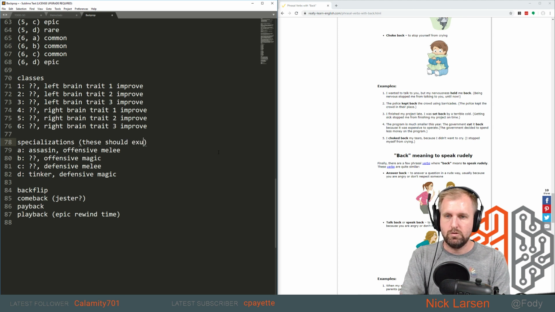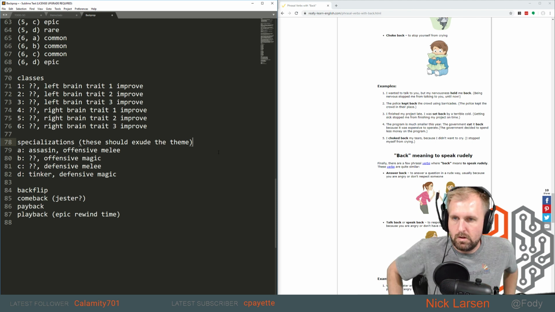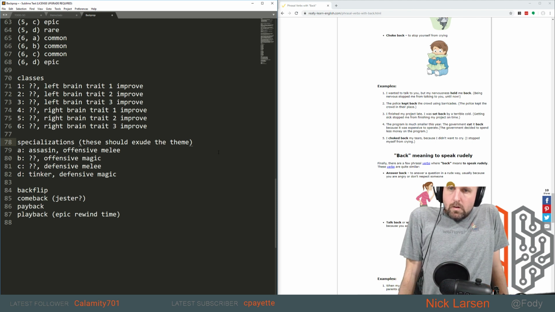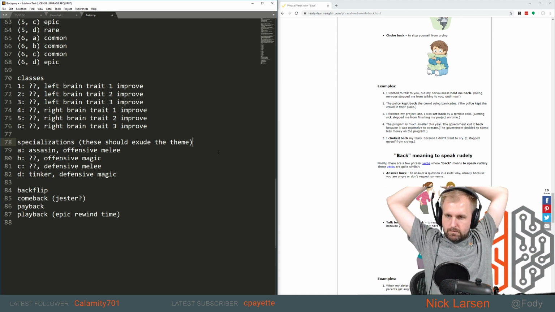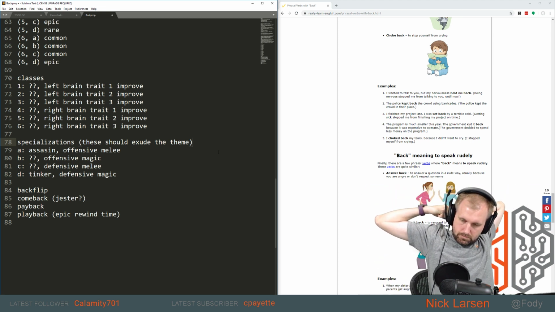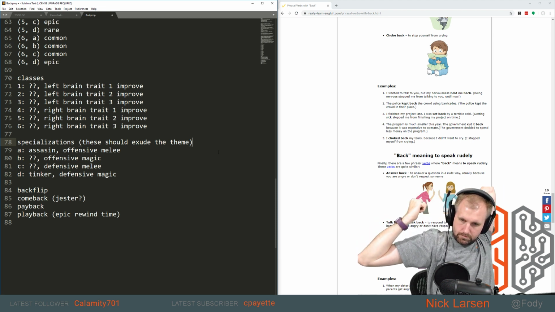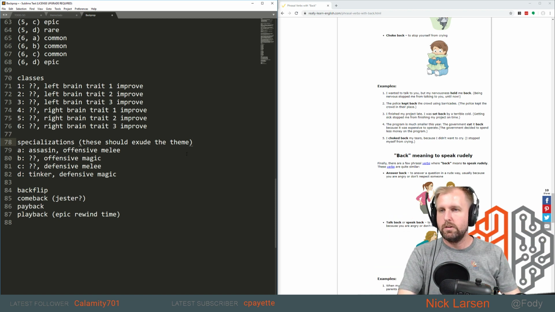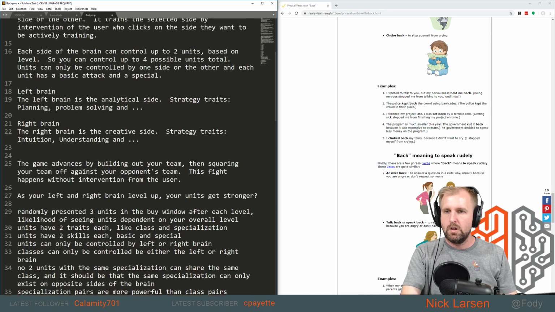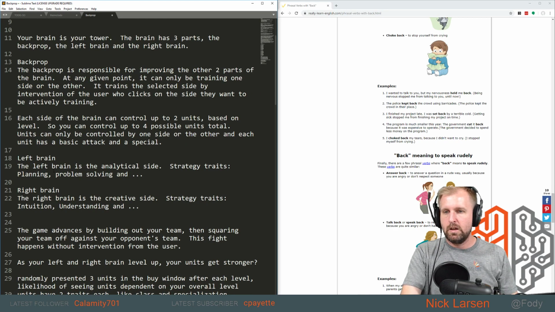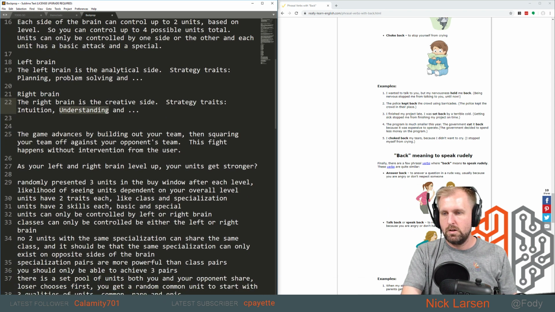These should exude the theme. Okay. Planning. All right, so we had some specialization. So traits. What were the traits that we had? Planning, problem solving, intuition, understanding. All right, I think we're actually kind of making progress here.